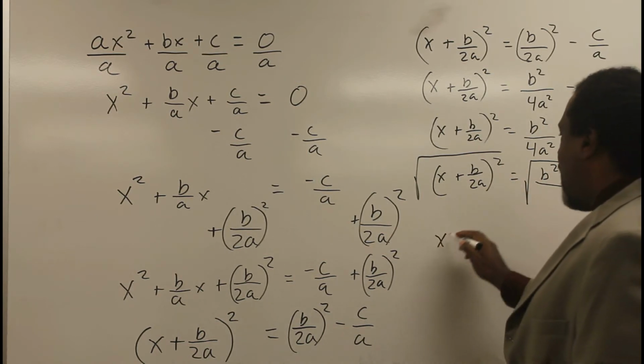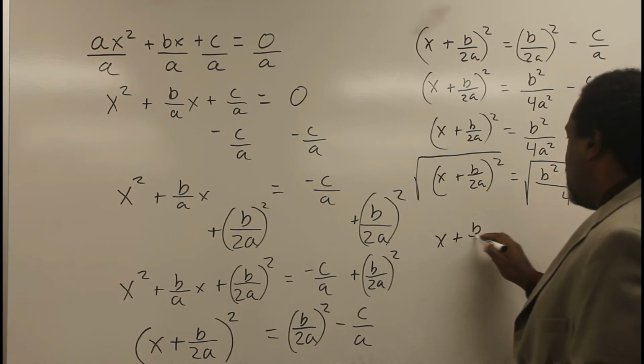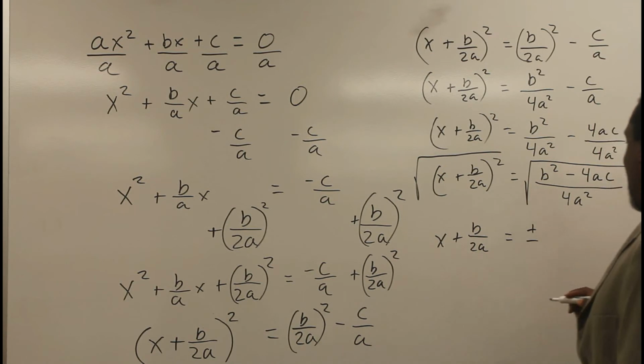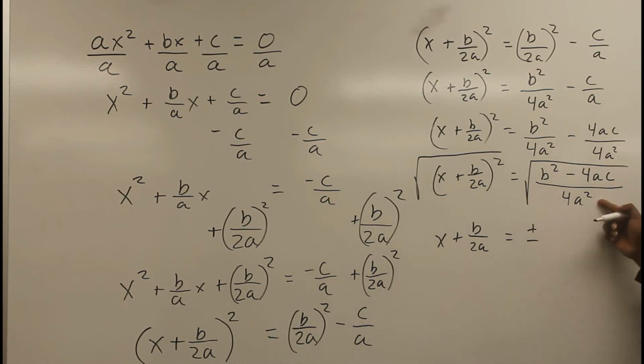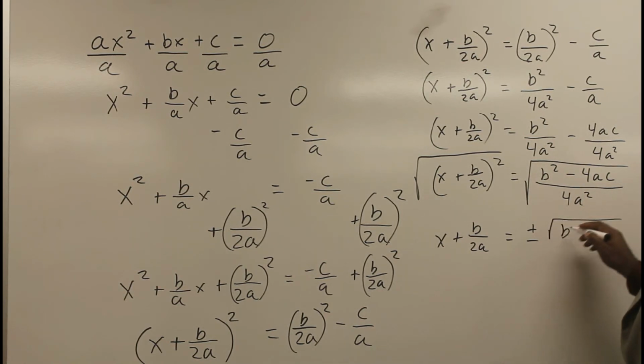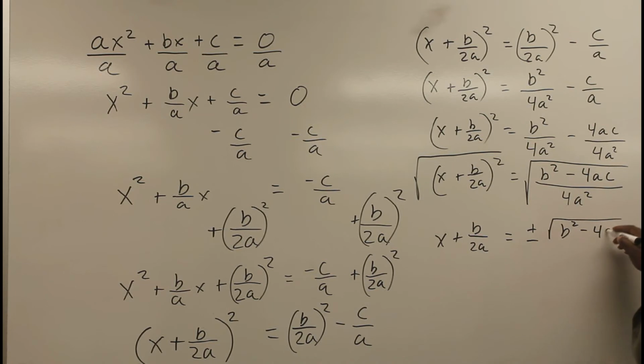So I'm left with x plus b over 2a equals plus or minus. Now, here's where I notice I have a perfect square in the denominator, so I can take the square root of that, but I can't do it with the numerator. The denominator, the square root of 4a squared, is 2a.